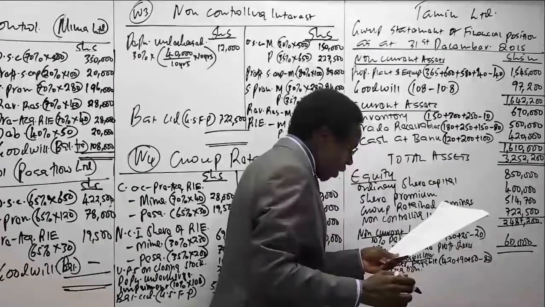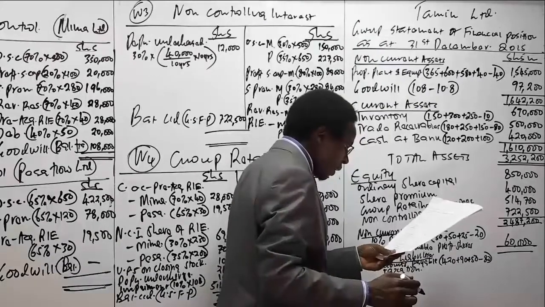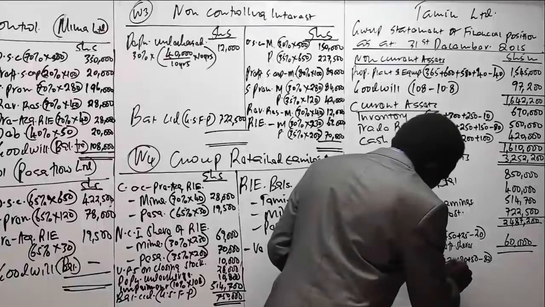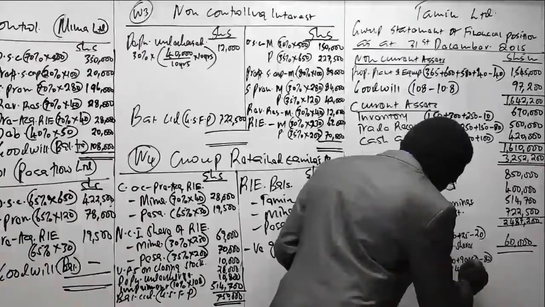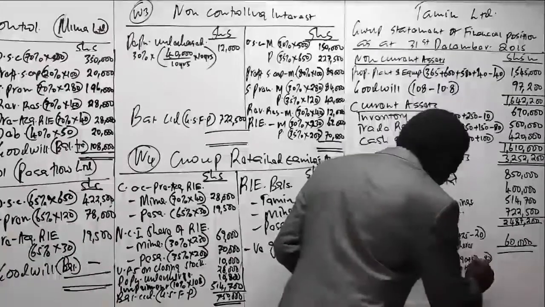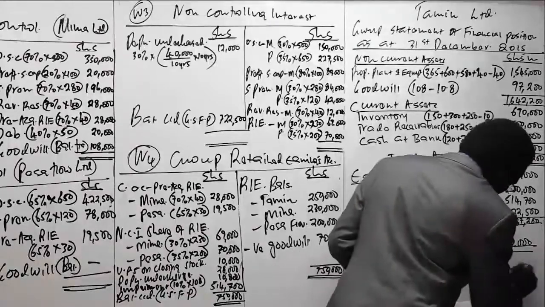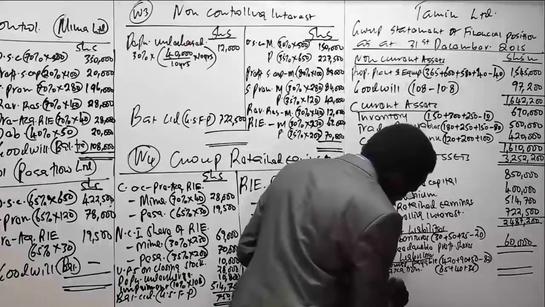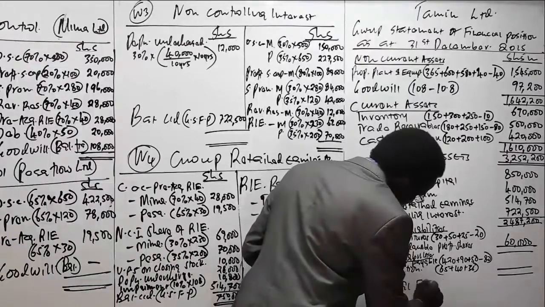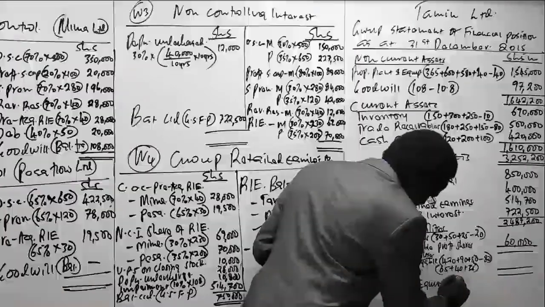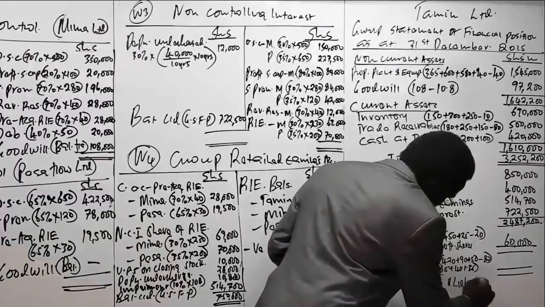For taxation, we have no much problem there. 65 plus 40 plus the 35. Then we are able to get this. Then we get the total equity and liabilities.